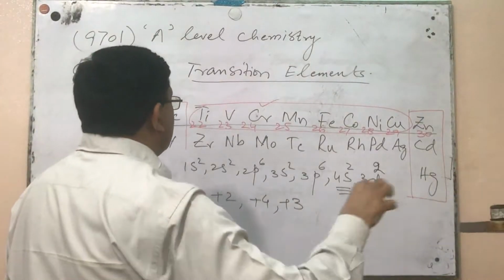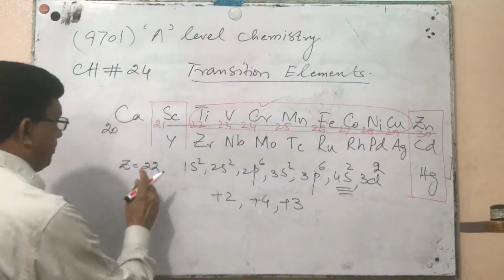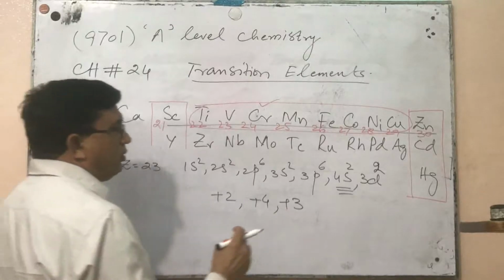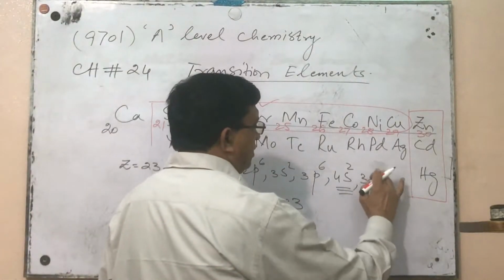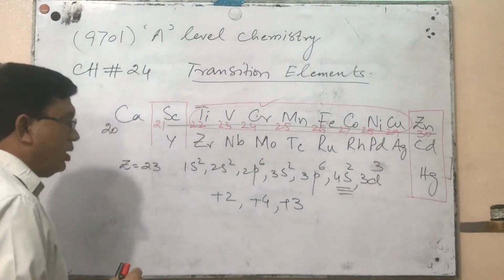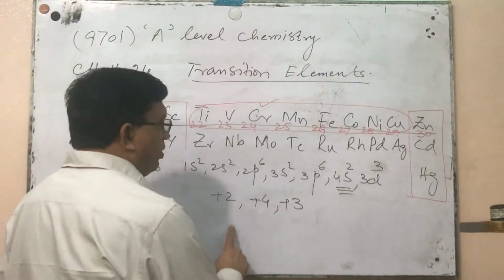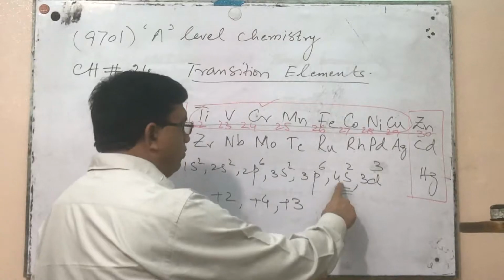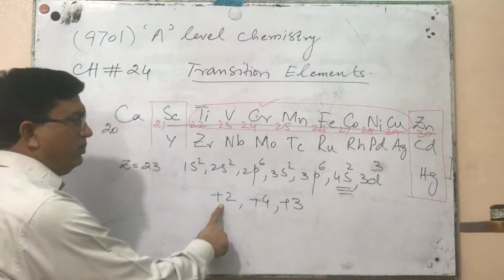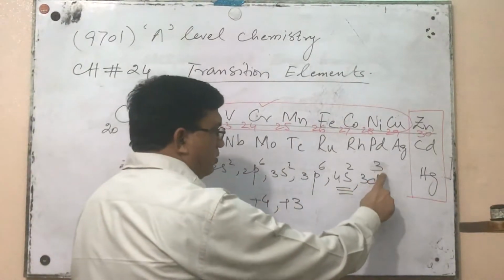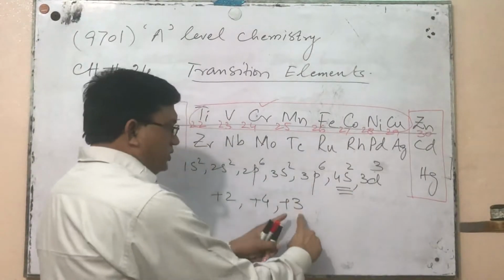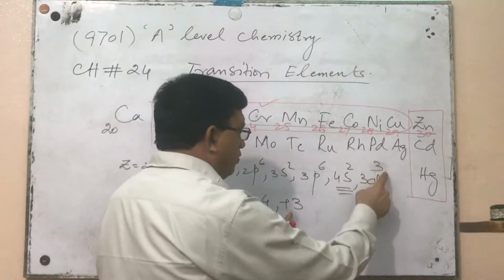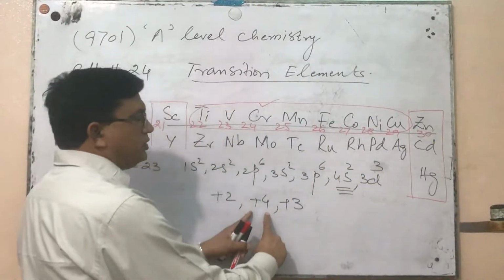Next is, for example, vanadium. The proton number of vanadium is 23. Now, the d orbital will contain 3 electrons. Whenever a cation is formed, when 2 electrons from 4s are removed, a positive 2 charge will come. Then 1 electron along with these 2, positive 3 charge will come. And if 2 electrons from 4s and 2 electrons from d, positive 4 charge will come.